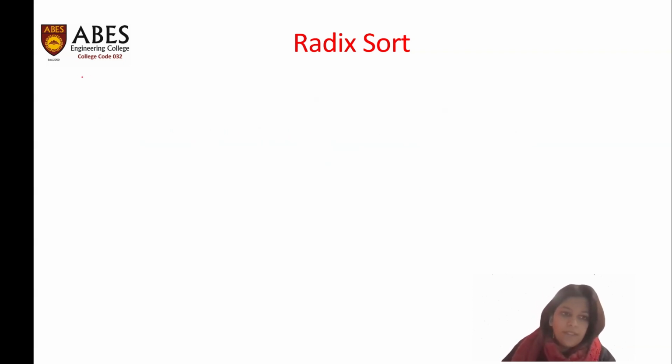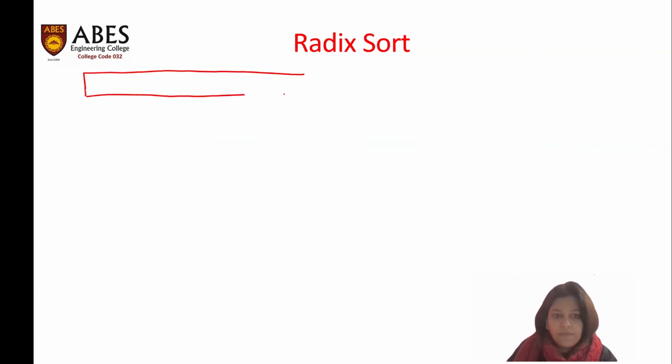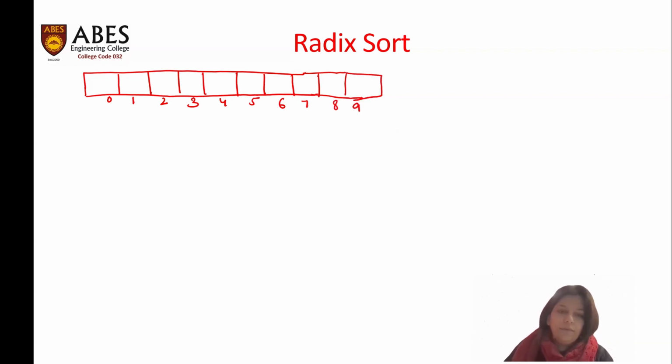So to have a better understanding of how this algorithm works, let us take an example wherein we can take 10 different numbers which are stored in an array in unsorted manner. So suppose this is an array, and let us take various numbers like 192.